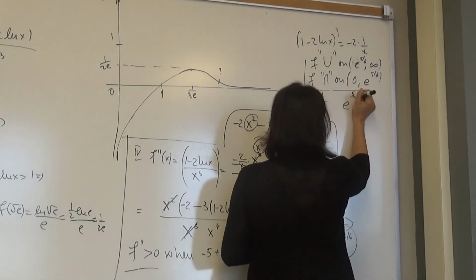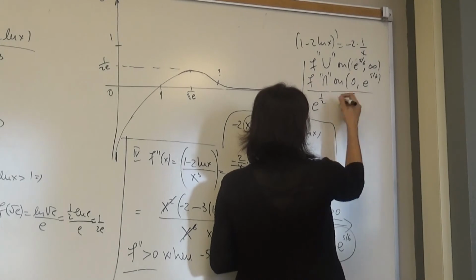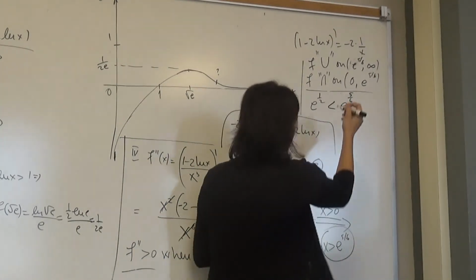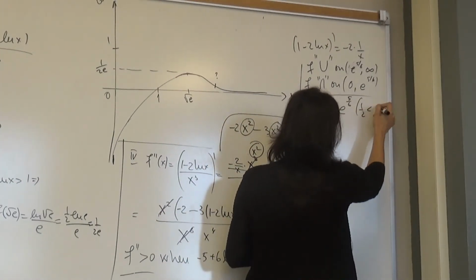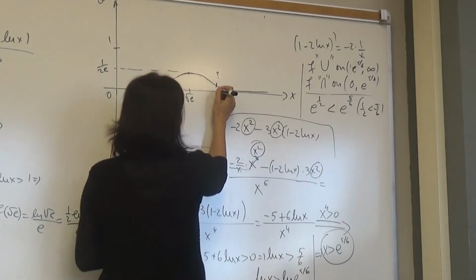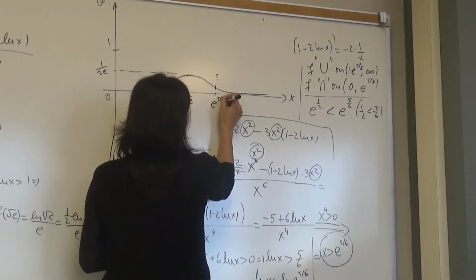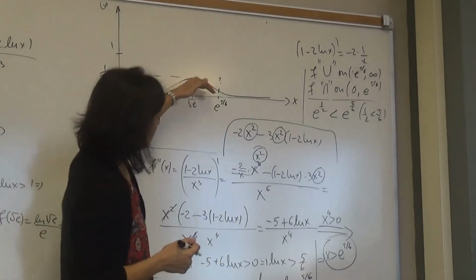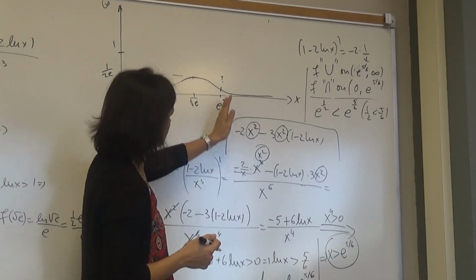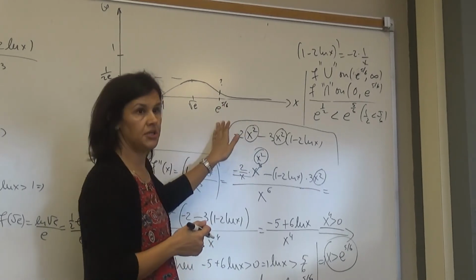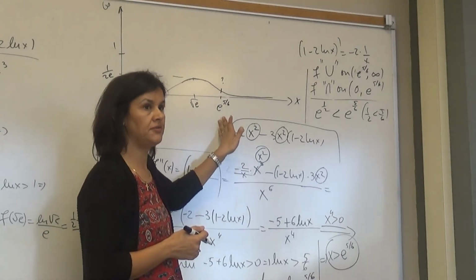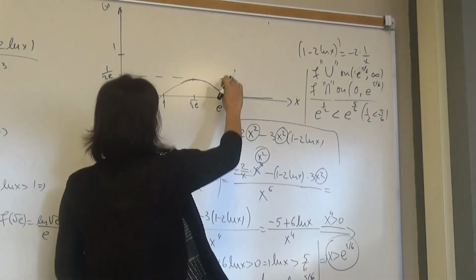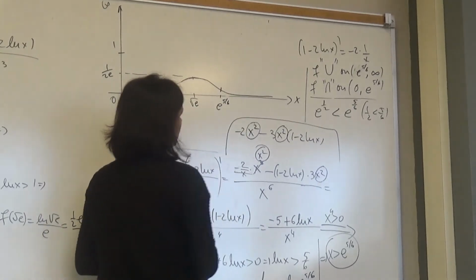Because 1 over 2 is less than 5 over 6, here will be e to 5 over 6. Yeah, concave down on the left of e to 5 over 6 and concave up on the right. So it's changing the concavity. So this is an inflection point. So we solve this one. This is an inflection point.